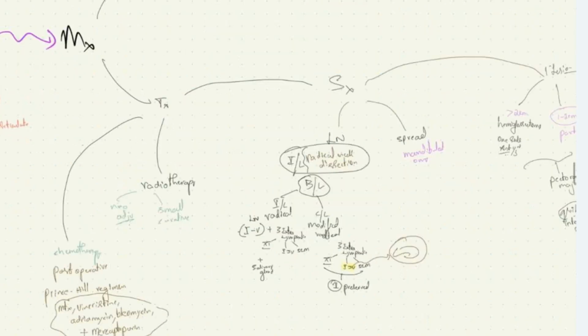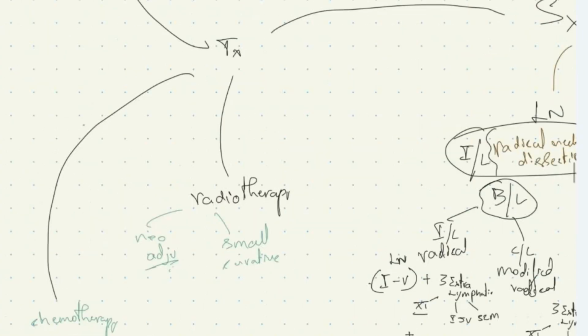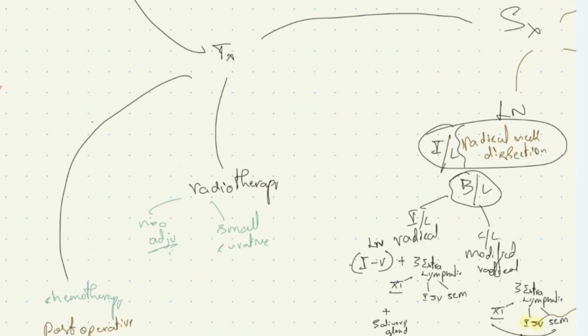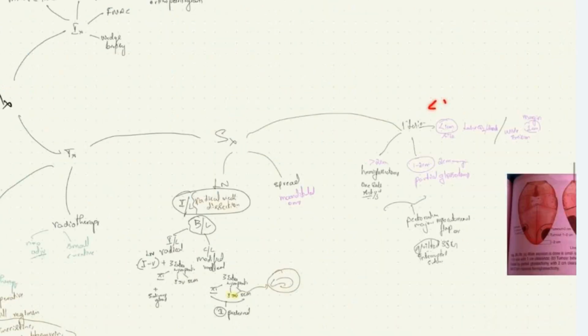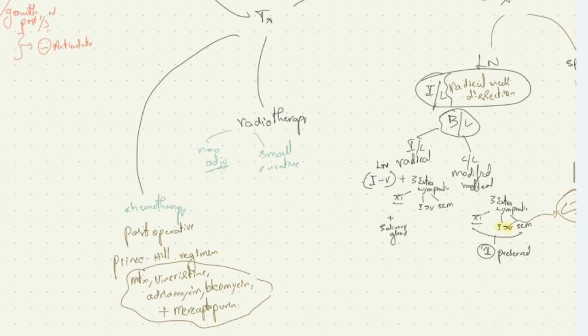Now we see radiotherapy. Under radiotherapy, we have neoadjuvant radiotherapy to downsize the tumor. If the lesion is very small, less than 1 centimeter, we can give curative radiotherapy similar to that of buccal carcinoma. We have post-operative chemotherapy in this patient.